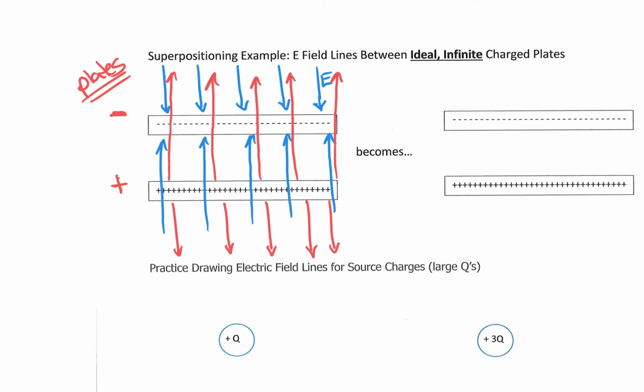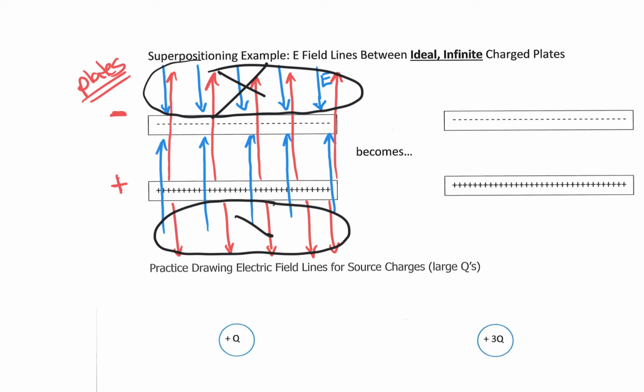Now, what happens? Okay, let's do superposition. Let's do vector addition. What happens when you add the reds and the blues here? They cancel out. What happens when you add the reds and the blues here? They cancel out. What happens in the middle? They don't cancel out. I notice my reds and blues are pointing in the same direction.